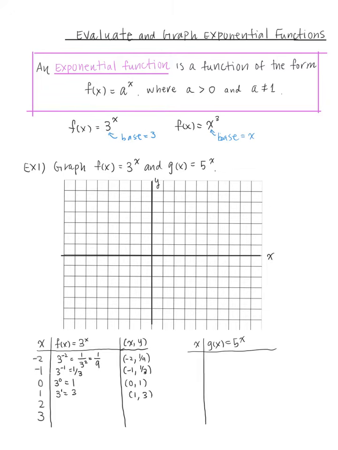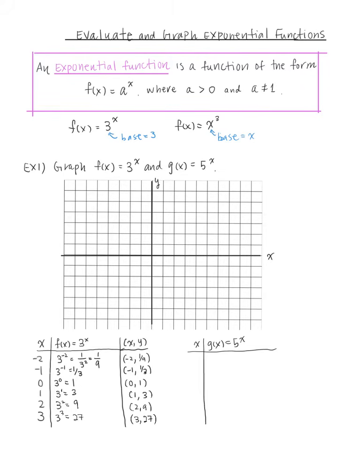When x equals 2, we have 3 squared, which is 3 times 3, 9, so 2 comma 9. When x is 3, we have 3 to the third. Be careful, 3 to the third does not equal 9. That's a common mistake. 3 to the third is 27, so here we have 3 comma 27.